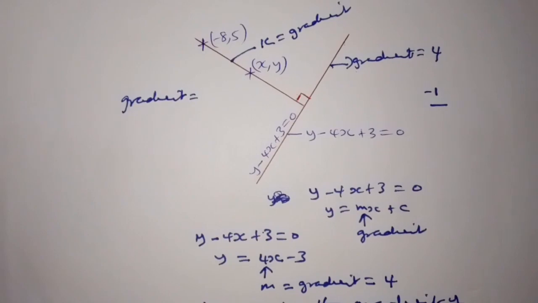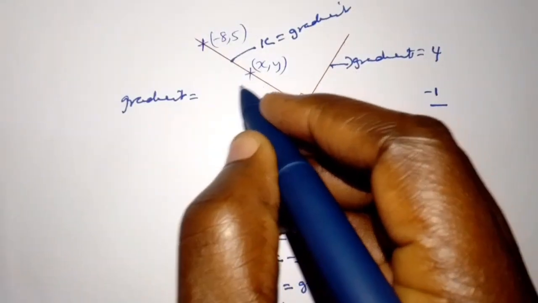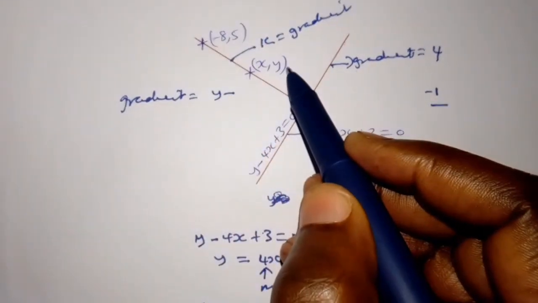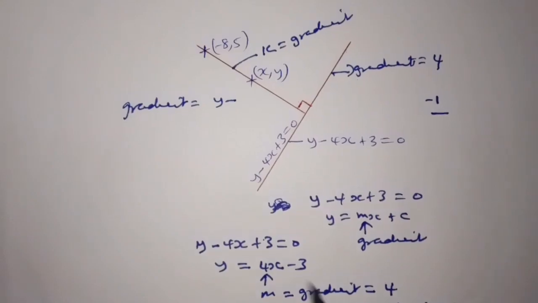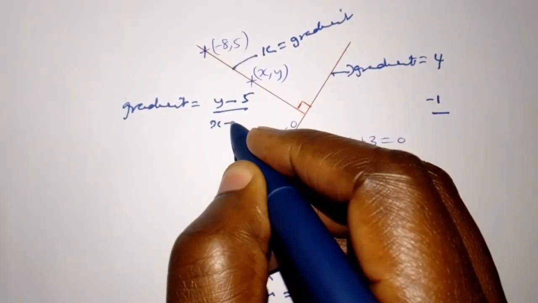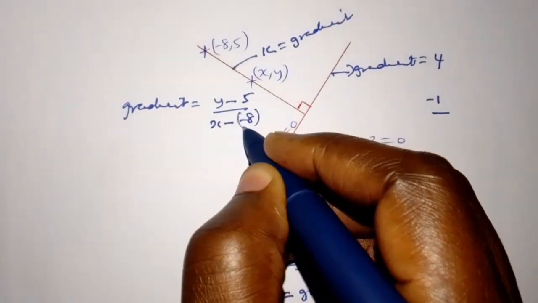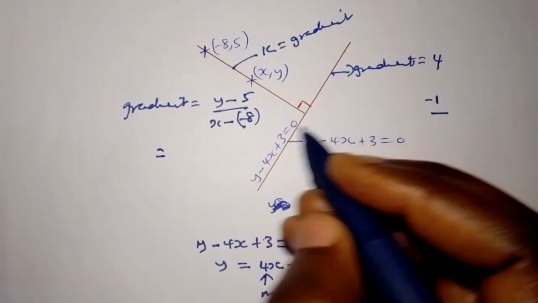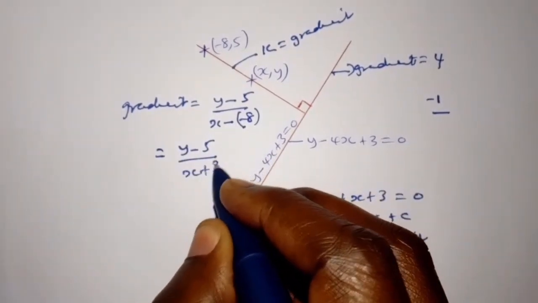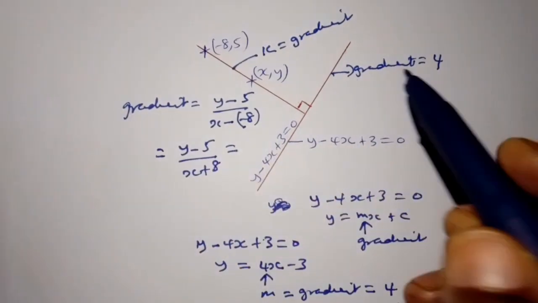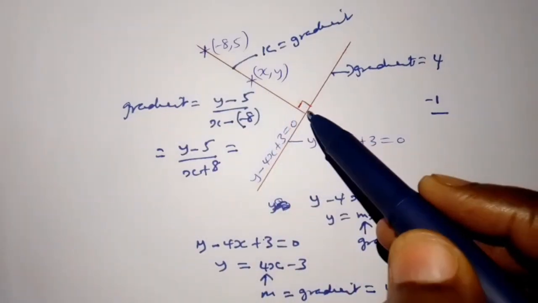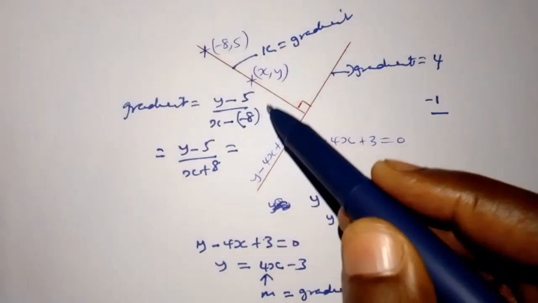So now we subtract: y minus 5 over x minus -8. So this is giving us y minus 5 over x plus 8. This is supposed to give us the gradient of this line.